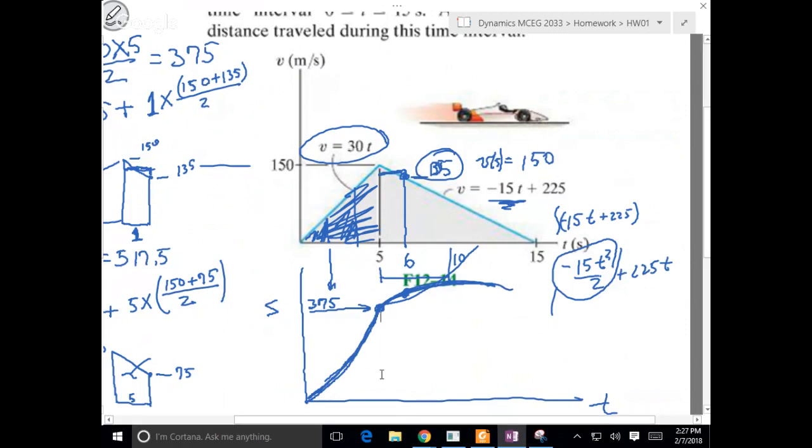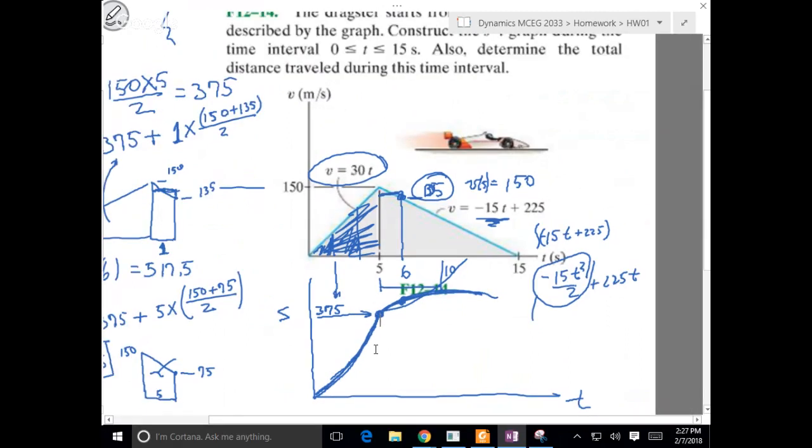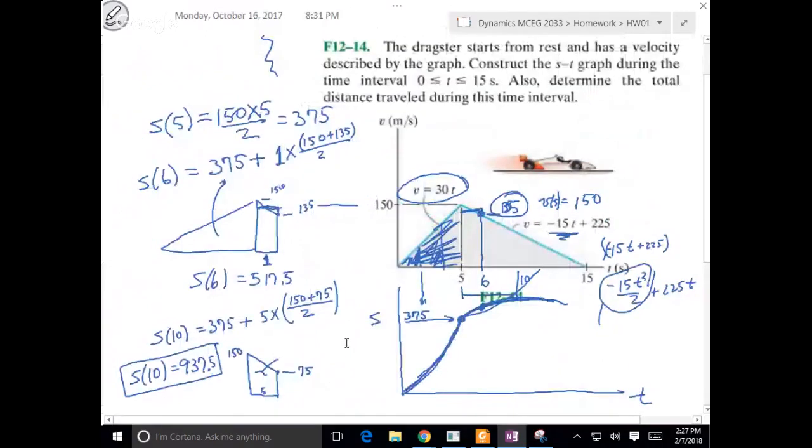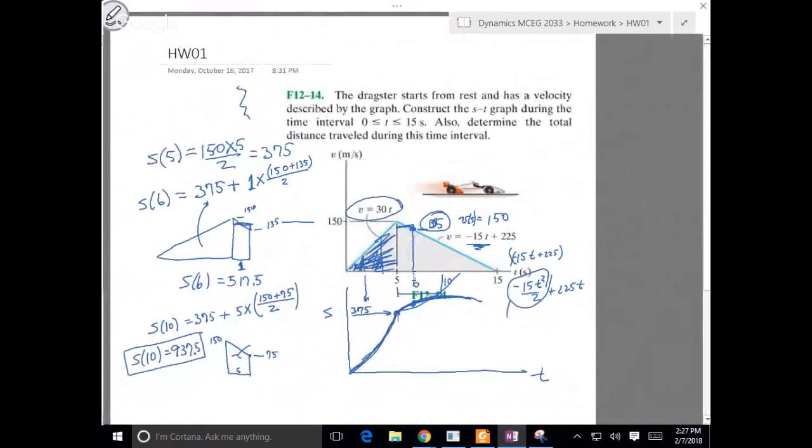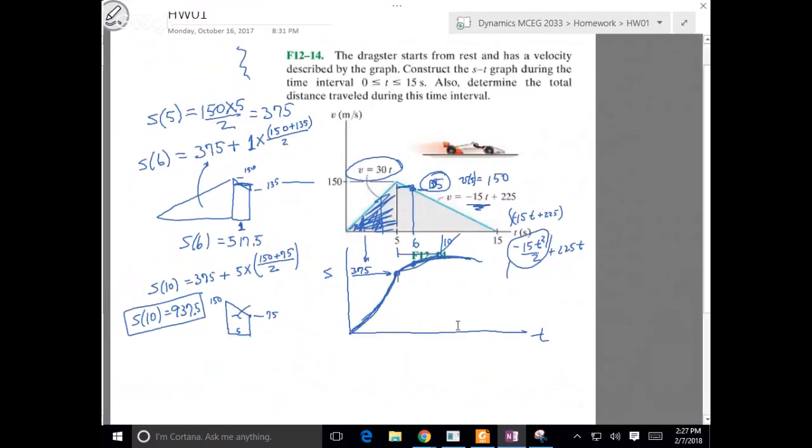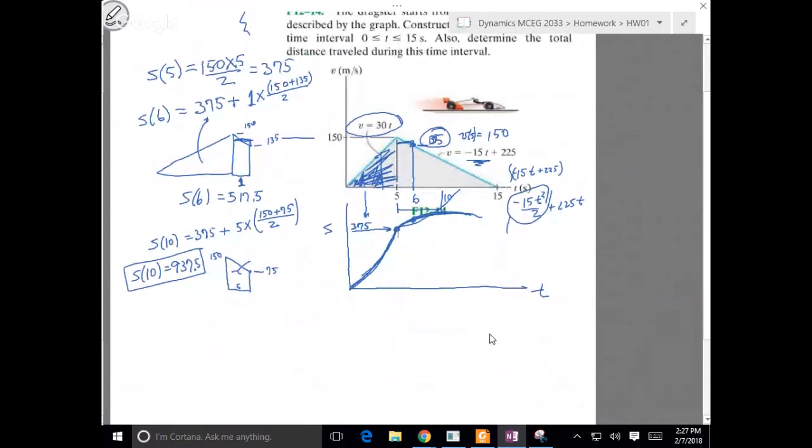But on the test, all I'm going to require is for you to tell me position at a certain point. Now, this part's really silly, but if I said acceleration at 3 seconds, what would you write down? Would it be 30? Yeah.